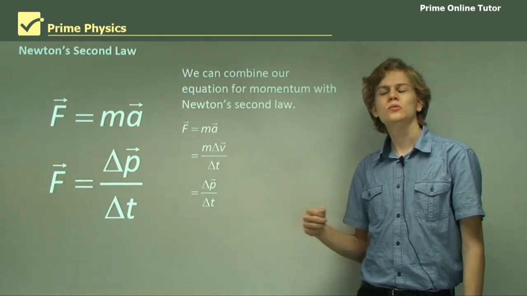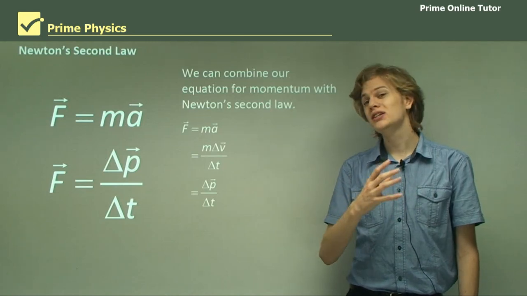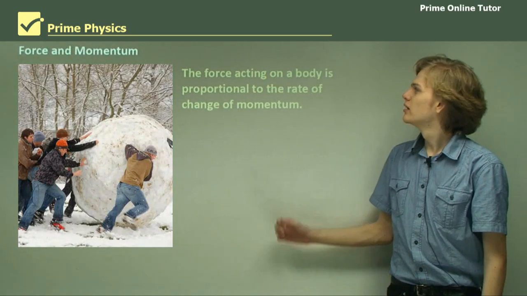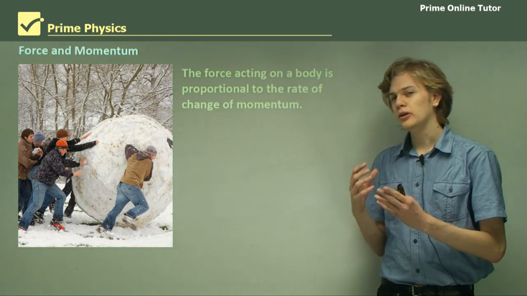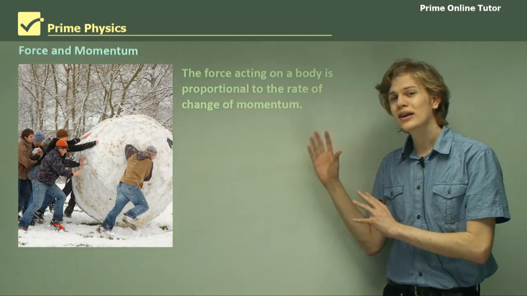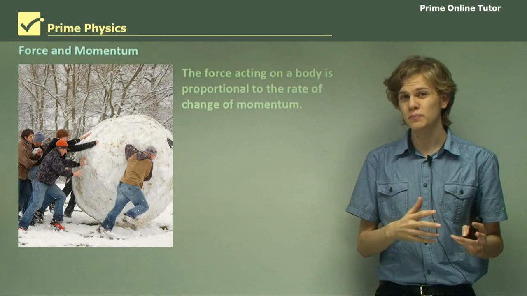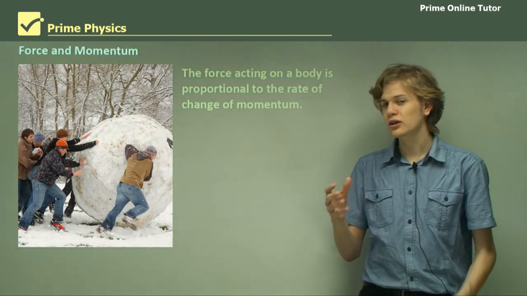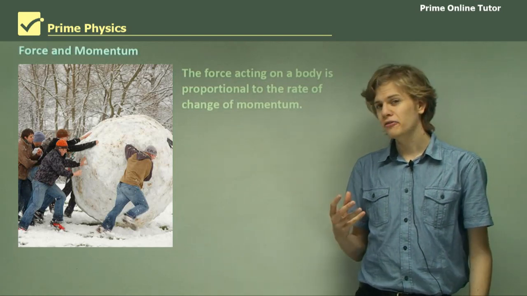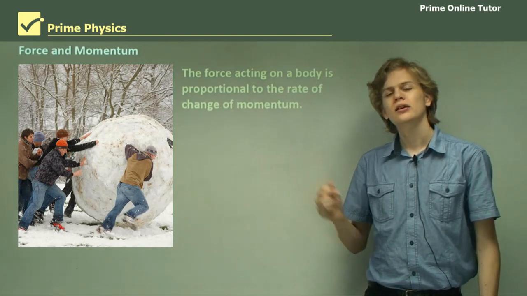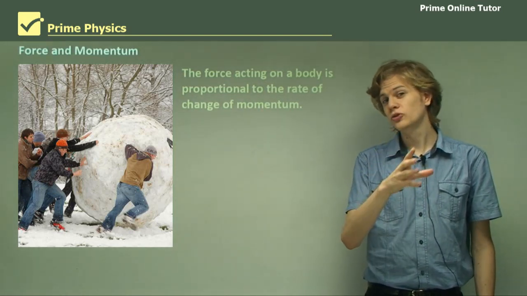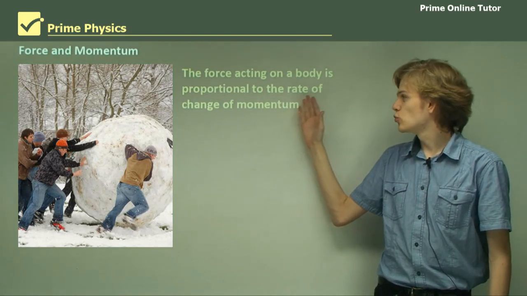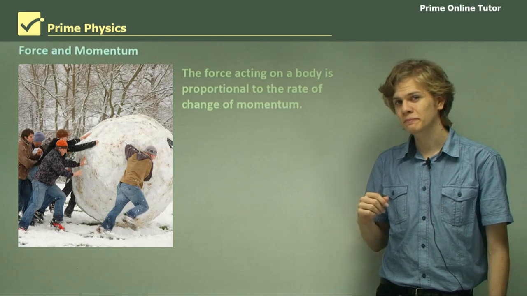So force equals the change in momentum over the change in time. So the force acting on a body is proportional to the rate of change of momentum. That's just a way of putting that last equation into words. F, the force acting, equals delta P over delta t. That's the rate of change of momentum.